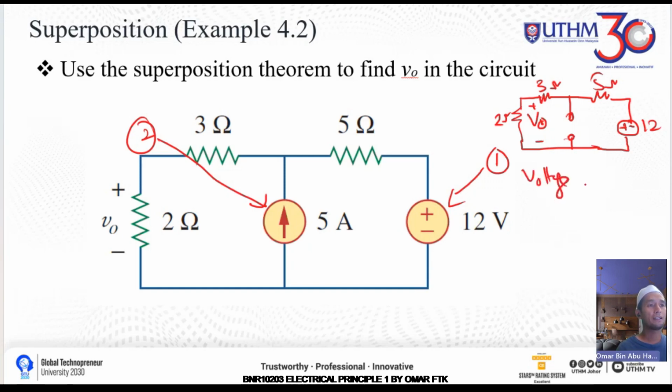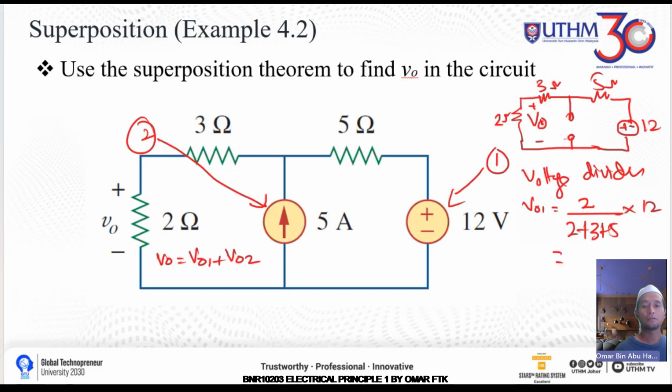I think it's a very simple solution. VO equals VO1 plus VO2. Let's say this one is VO1, and the second analysis will be VO2. So VO1 will be 2 divided by 2 plus 3 plus 5 times 12.